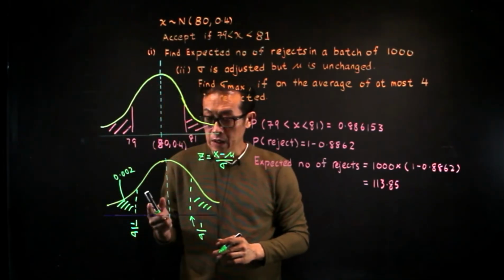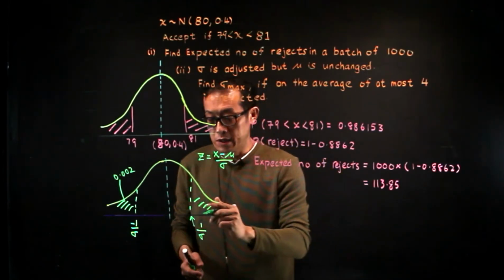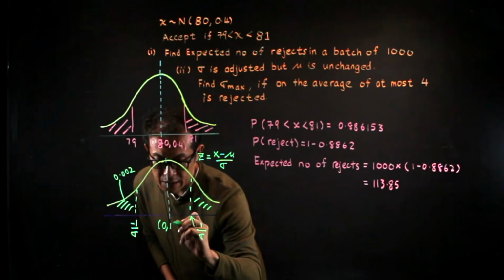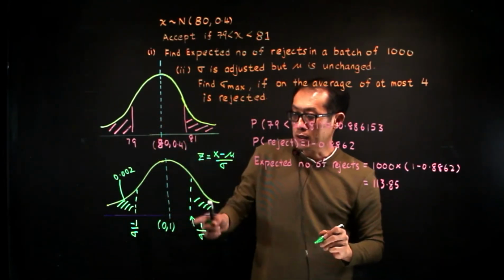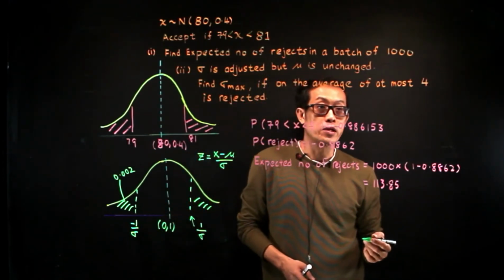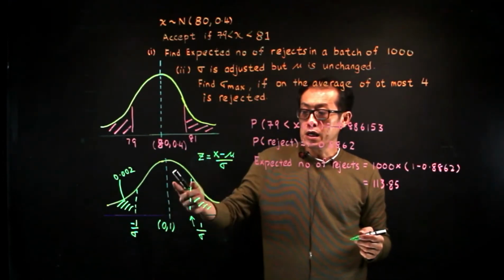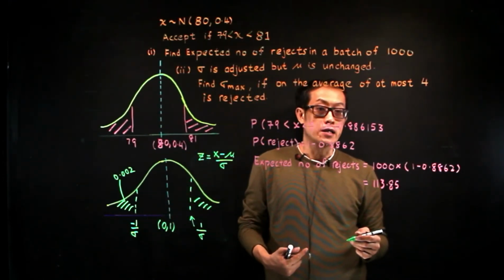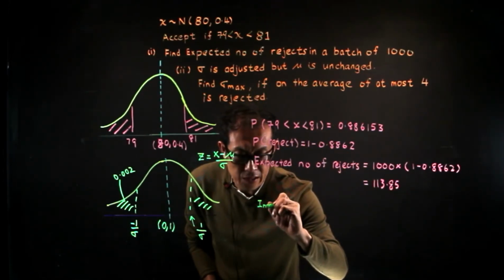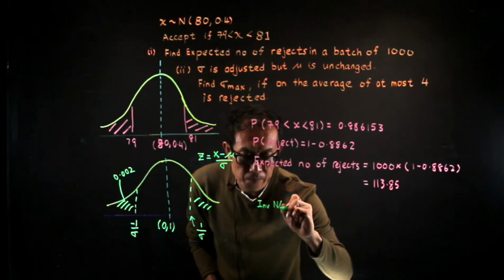Now, this has a distribution of mean 0 and standard deviation 1. Now, you know that this area is 0.002. So what you can do is input this into the calculator using the inverse normal.